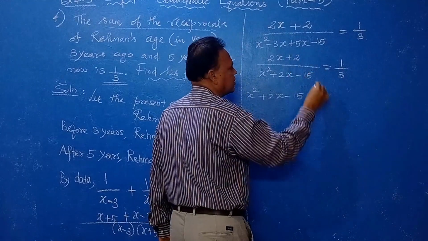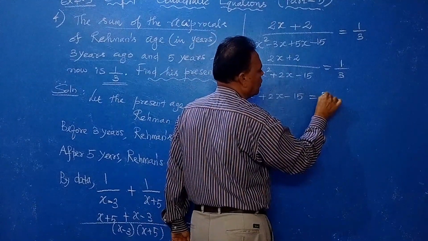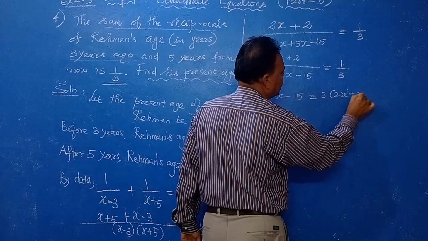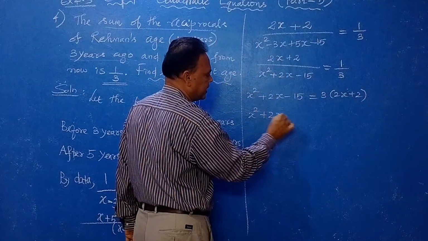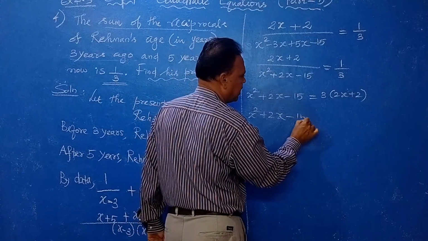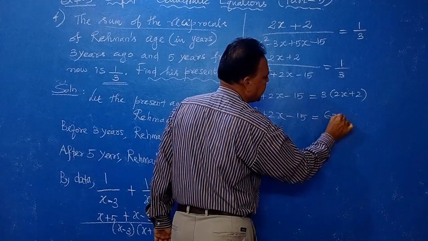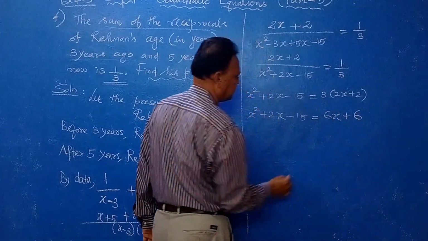Now 3 into 2x plus 2. So x squared plus 2x minus 15 equals 6x plus 6.